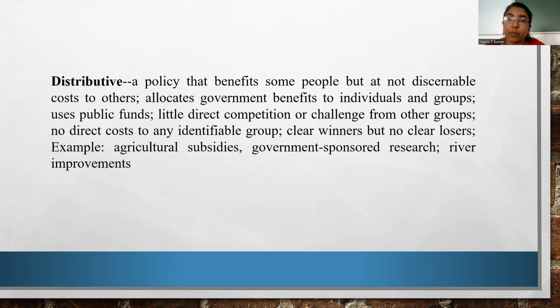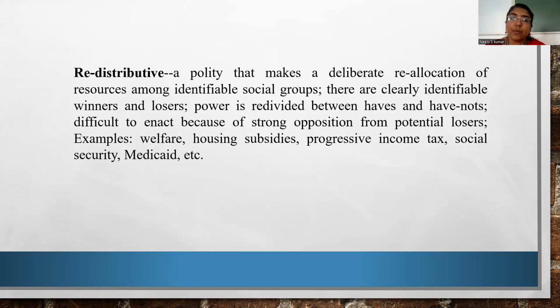Take river improvements. The improvements in the river will benefit those who are living nearby or depending upon the river water for their welfare. So it will not affect each and every citizen of the country. Then the next one is the redistributive public policy. This is the fourth kind of public policy, a policy that makes a deliberate reallocation of resources among identifiable social groups.